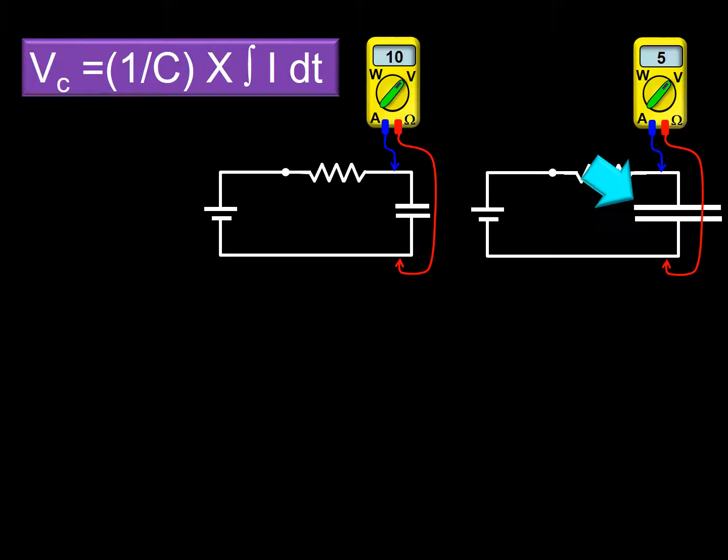I found it easier to understand this formula by thinking about the figures I'm about to show you than by looking at the formula itself. All factors being equal, the larger the capacitor, that is the area of the capacitor conductive plates, the less voltage it will store for a fixed amount of current.